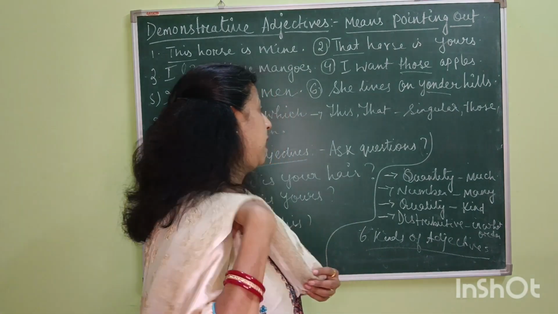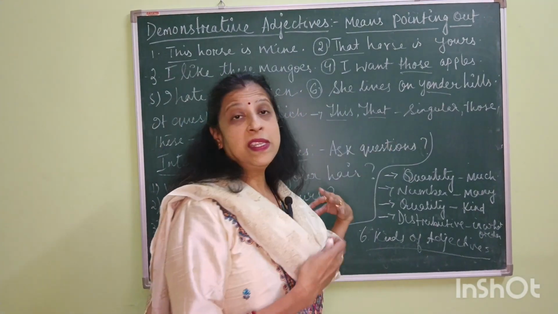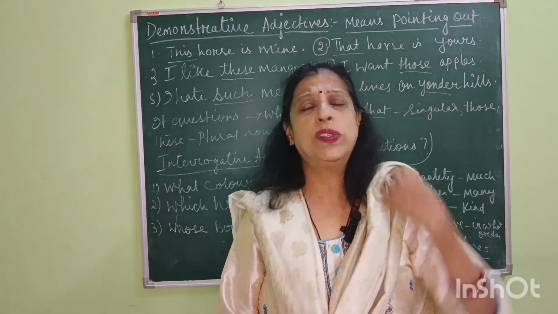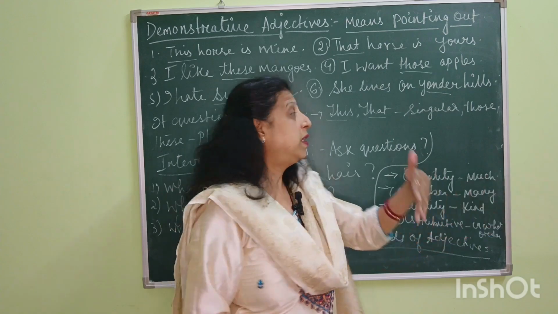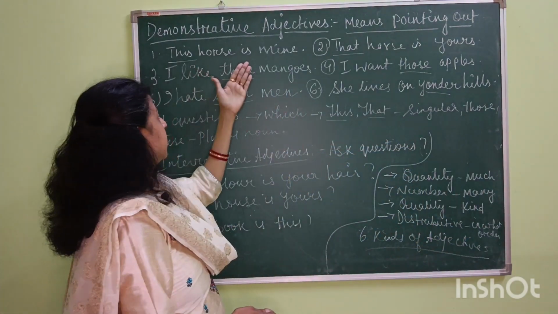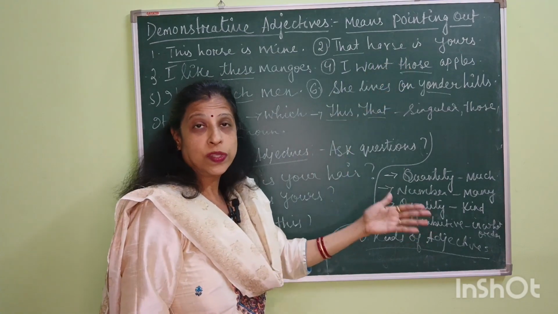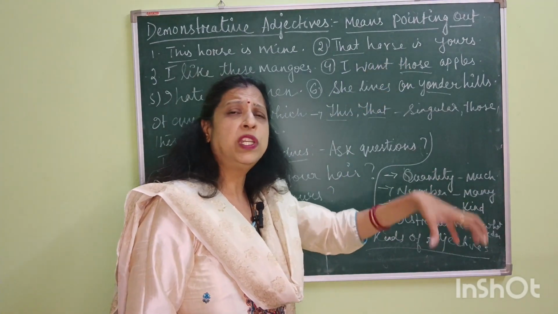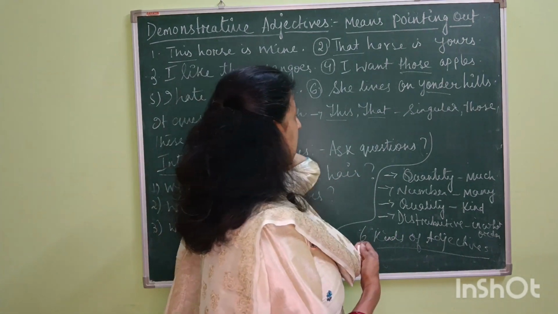And remember one thing, that when we are saying this and that, it is specially used with a singular noun. This horse, that horse, this house, that house. So this is particularly used with a singular noun.